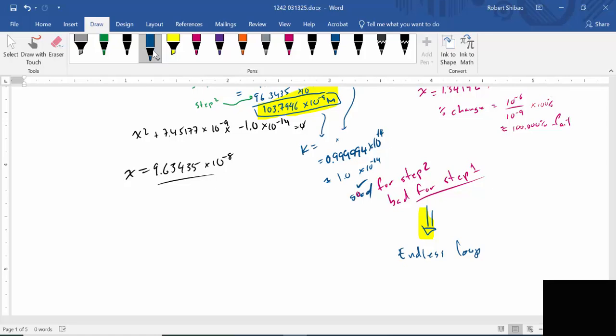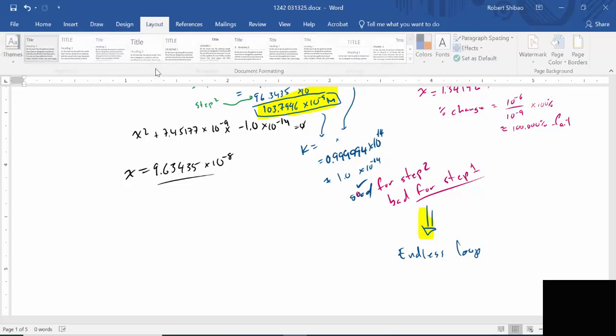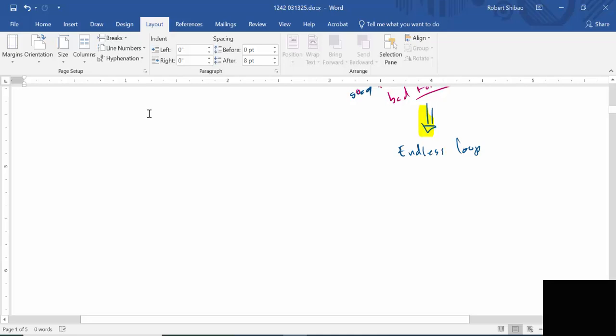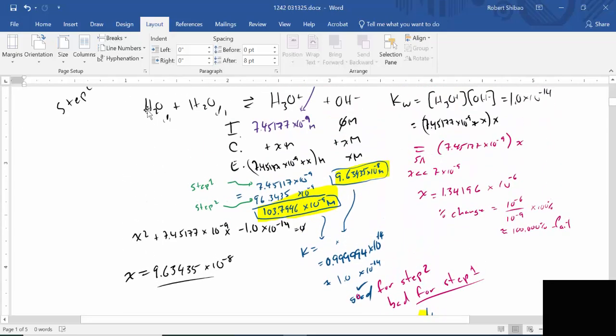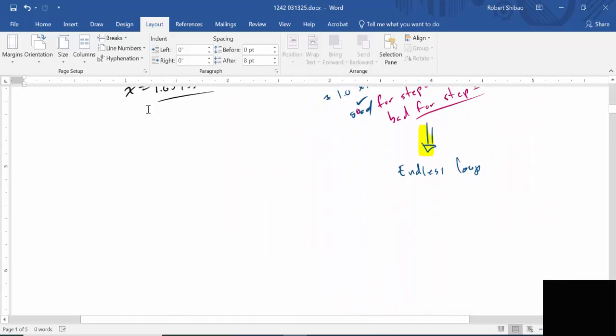But we need to escape this path. And how can we escape this path? Can we combine the equations? Yeah, well, we have to do something, and so let me talk about that. We aren't actually going to combine the equations, but that's one of the techniques that could be used.